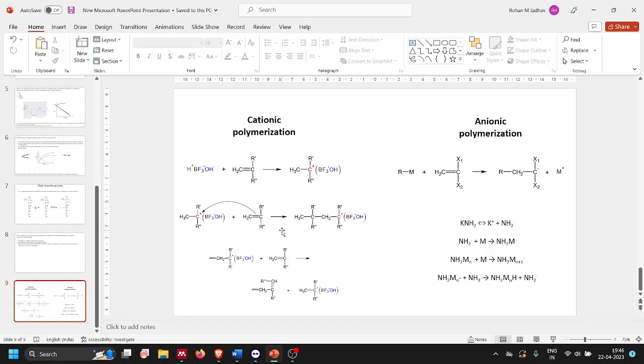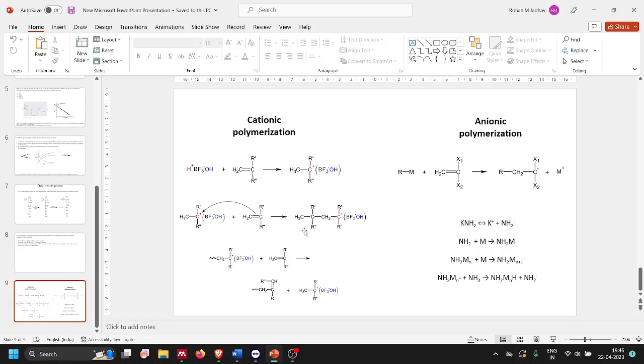During this process, temperature has a very important role to play, as the energy required for propagation and initiation is always less than that of termination.